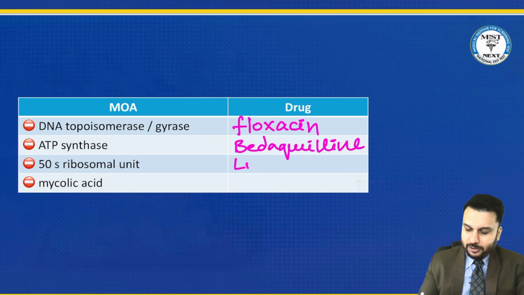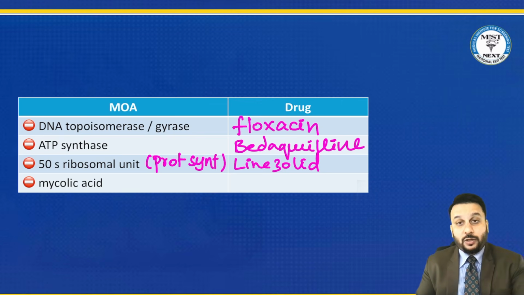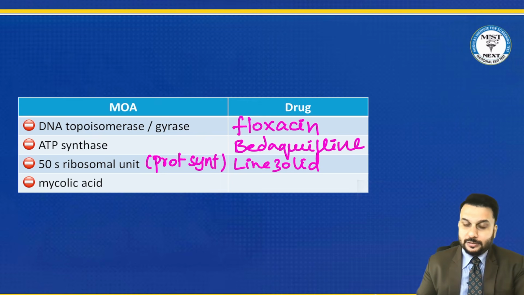Next, the 50S inhibitor is called linezolid. It inhibits protein synthesis. That is the L. And mycolic acid inhibitors are drugs like delamanid and pretomanid.